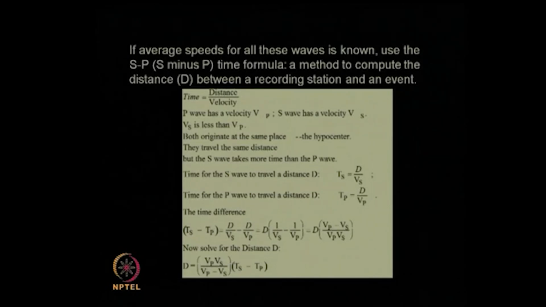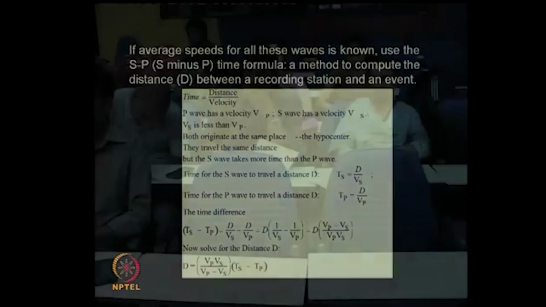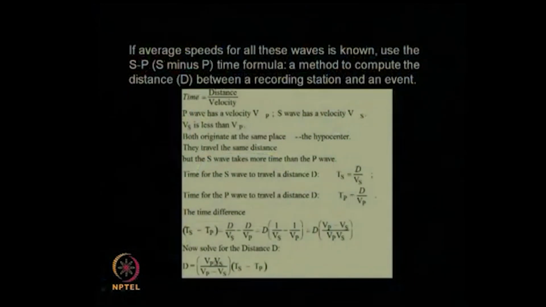That means, if we have a shallow earthquake which occurs within a few kilometers from the ground surface, that is within the crustal region of the earth's interior, then we can use the values of Vp and Vs as 6 and 3 kilometer per second, the typical values of crustal velocity.